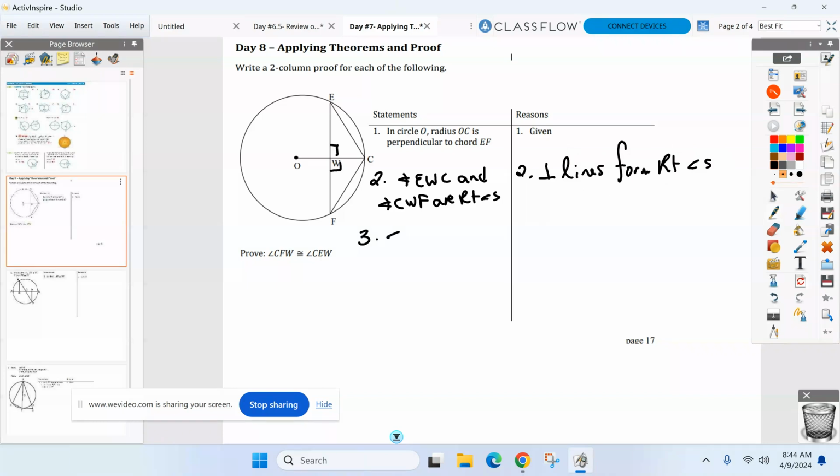And the rest is going to be on you guys. So there you go. I gave you a pair of angles to start out with, getting those triangles congruent.